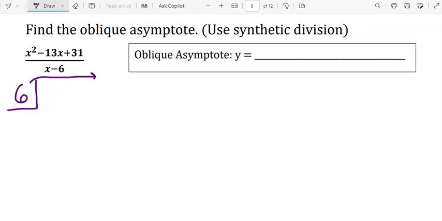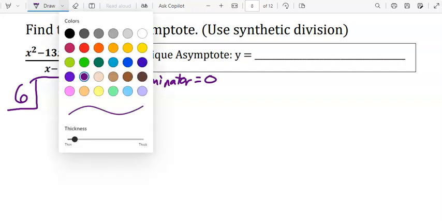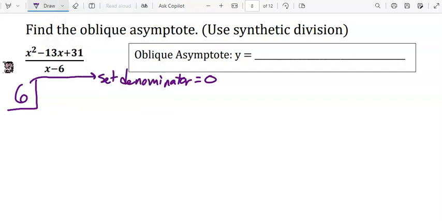We set the denominator equal to 0. And then we'll have the coefficients of the numerator, 1, negative 13, and 31.